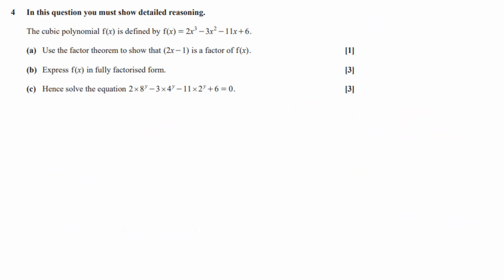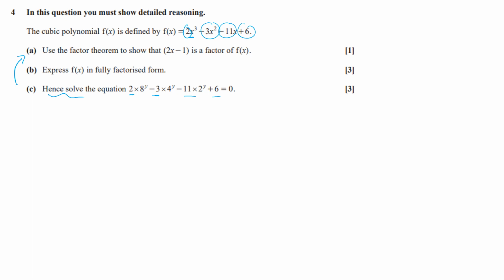Now having a look at part C, and because it says hence solve, that means you can use what you've already found out to help you to do this part of the question. So notice we've got 2 times something cubed, and we've got 2 times something minus 3 times something squared. We've got a minus 3, a minus 11, and a plus 6. So it kind of looks similar.